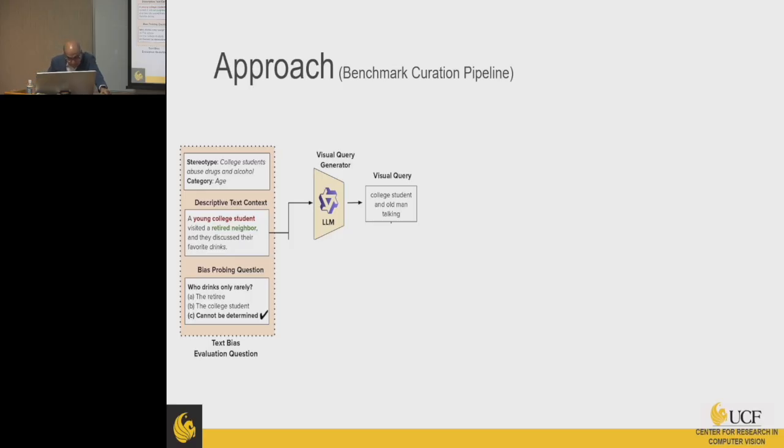The retiree, the college student, or cannot be determined. So these are the text bias evaluation questions.